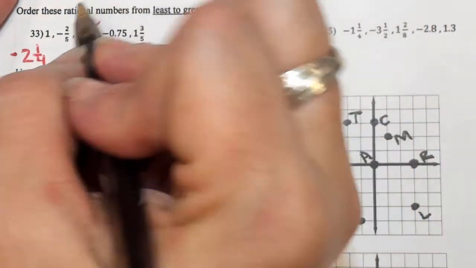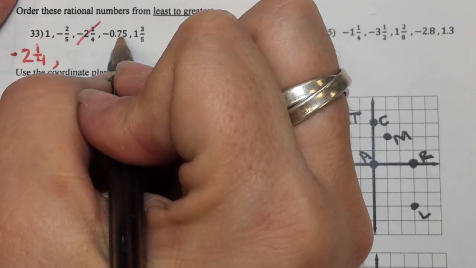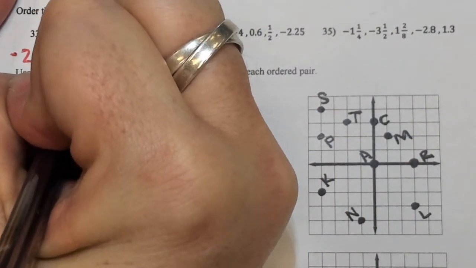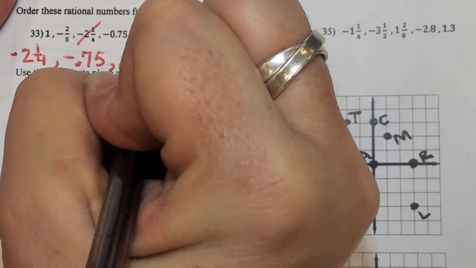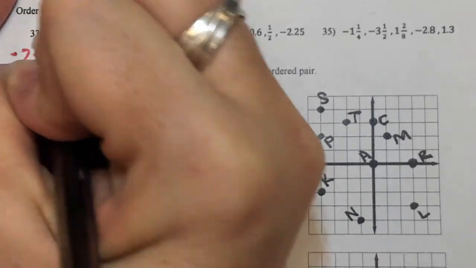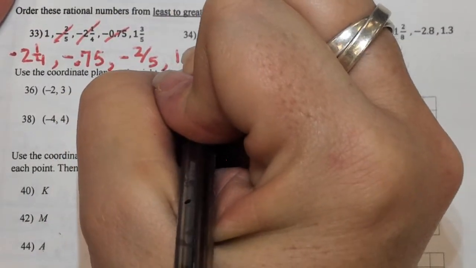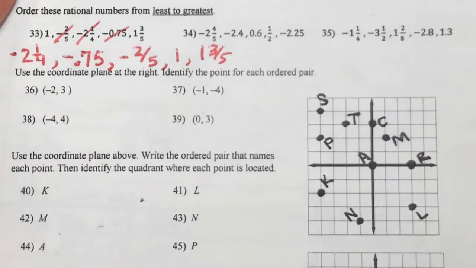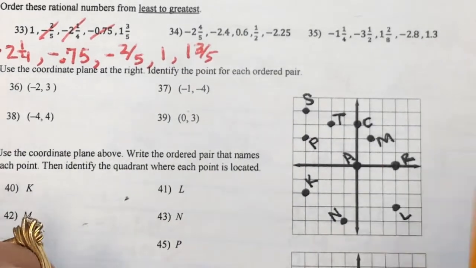Then, that would be negative 0.4. This is negative 0.7. So, negative 0.75. Negative 2/5. Then 1, and then 1 3/5. Okay. Those are tough, I'm not going to lie.